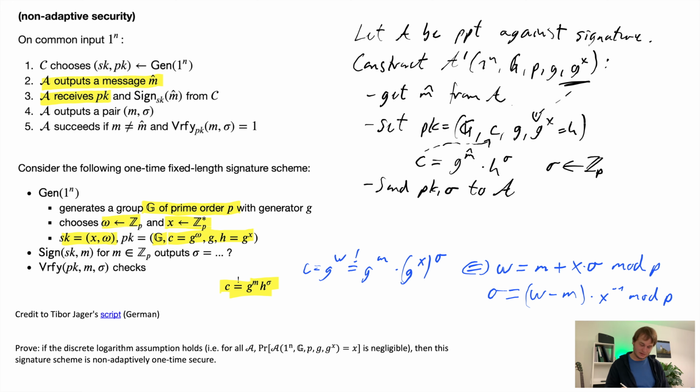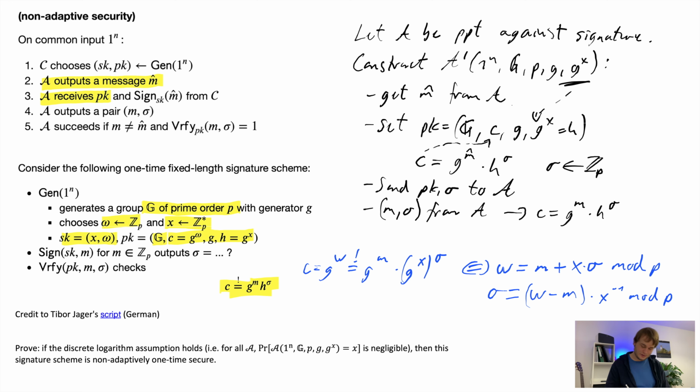So now let's use A. A will hopefully output us a signature and a message. And if this is a valid signature, we will have that c is equal, so that it fulfills the verification equation, right? So c is equal to g to the m times h to the sigma.